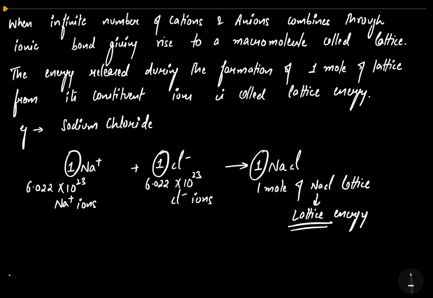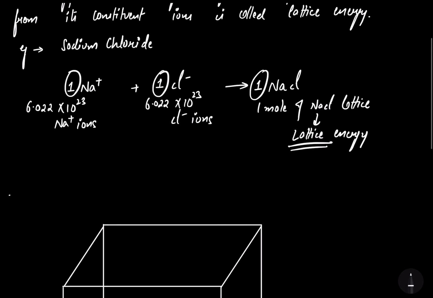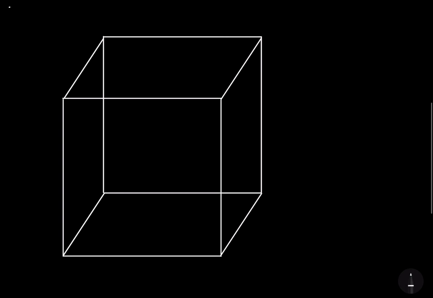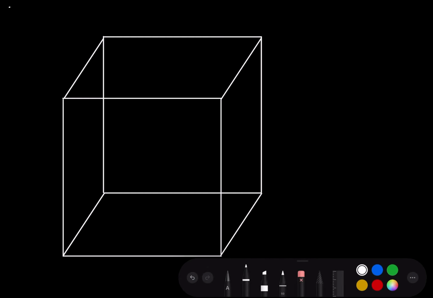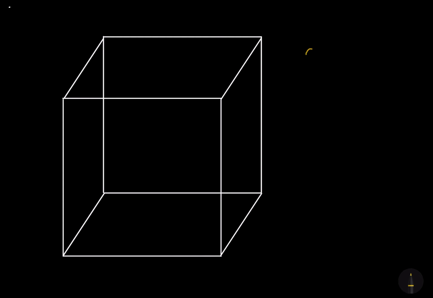Now, I am going to draw the lattice of NaCl. The lattice of NaCl is cubical and I am drawing the smallest, simplest repeating unit cell of sodium chloride. Here, I have drawn a cube already. In this cube, I am going to mark chloride ion with this yellow circle. This is the chloride ion.